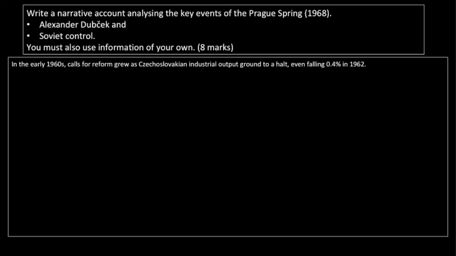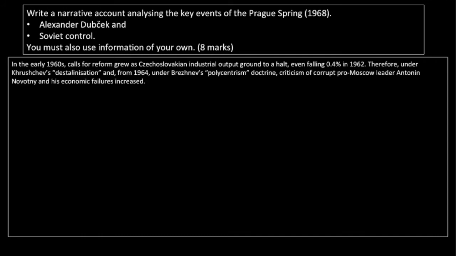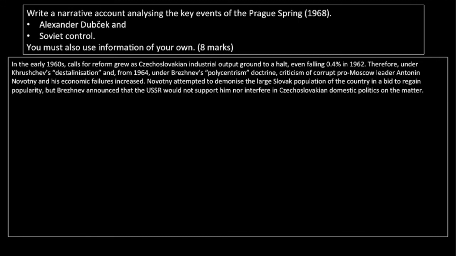Here's my answer. In the early 1960s, calls for reform grew as Czechoslovakian industrial output ground to a halt, even falling 0.4% in 1962. Therefore, under Khrushchev's de-Stalinization, and from 1964, under Brezhnev's polycentrism doctrine, criticism of corrupt pro-Moscow leader Anton Novotny and his economic failures increased.